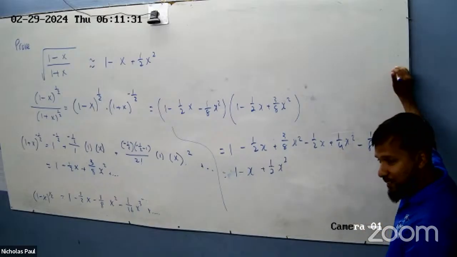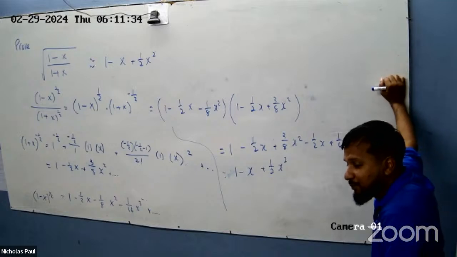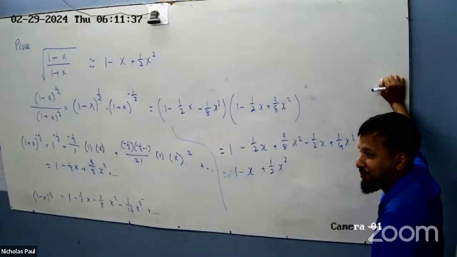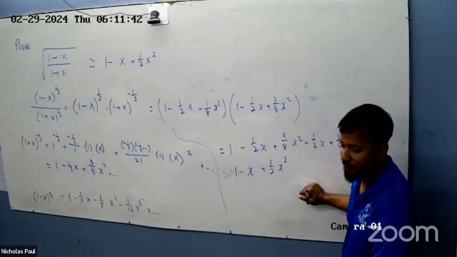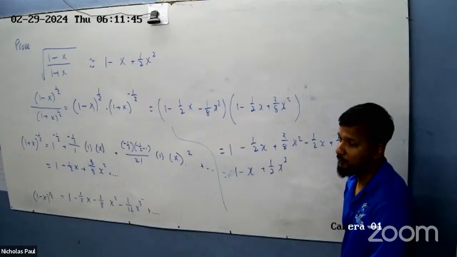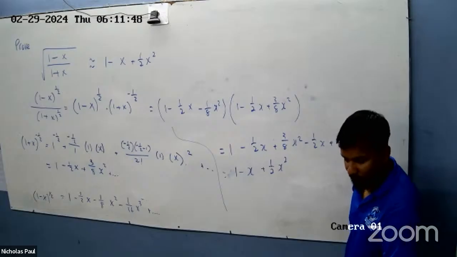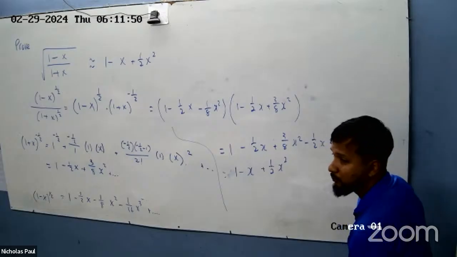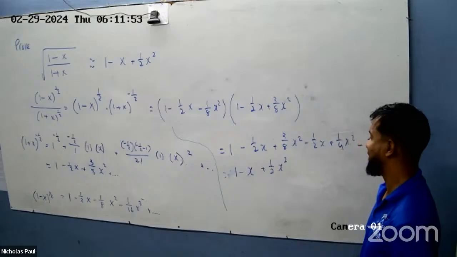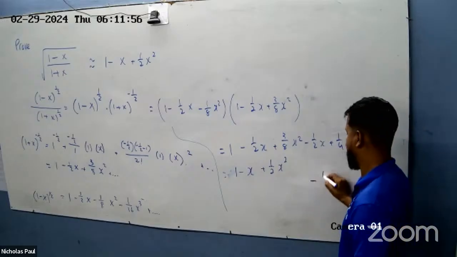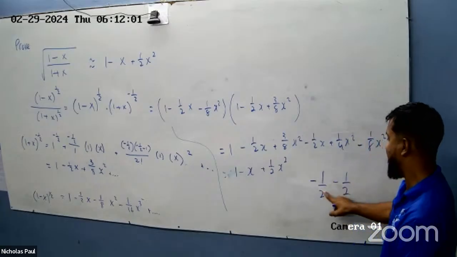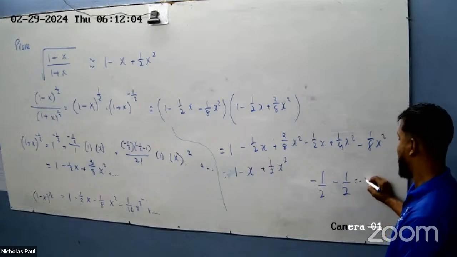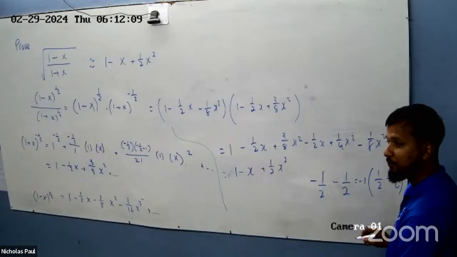So minus a half is what? That's what you're saying, right? Yeah. So minus a half, right? So I can factor out minus a 1.